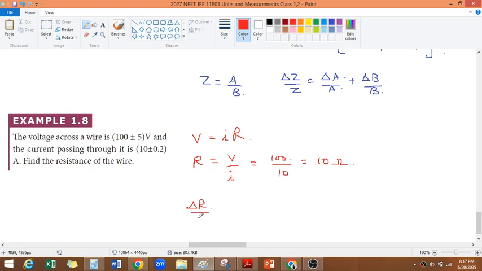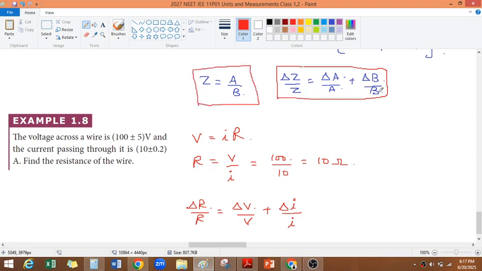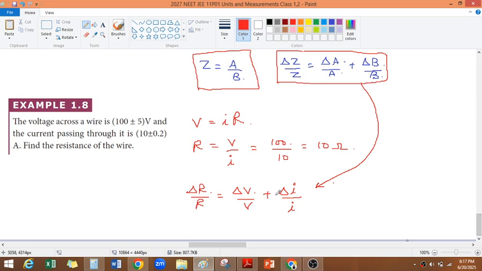If I want delta R by R, then according to the formula it will be delta V by V plus delta I by I. Okay, so this formula I am rewriting it for this one. So that means delta R is equal to, R is found as 10, so multiply this, R is coming over here.